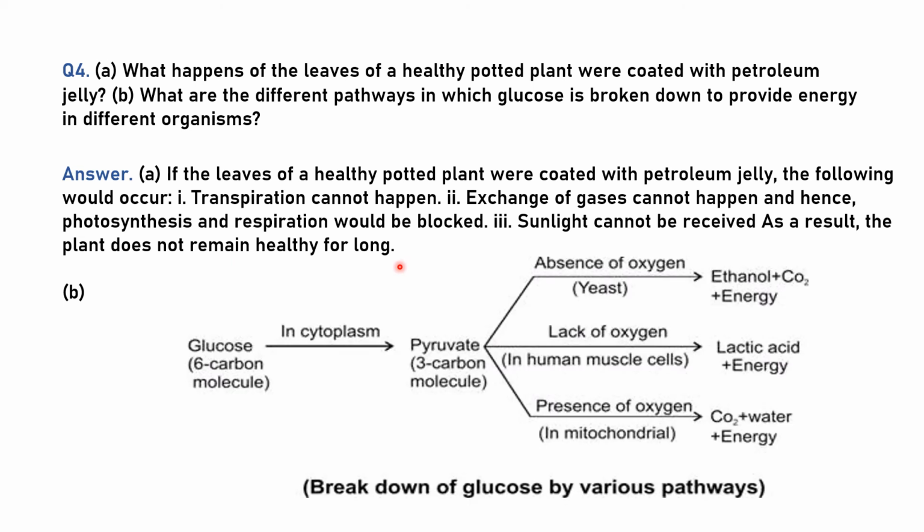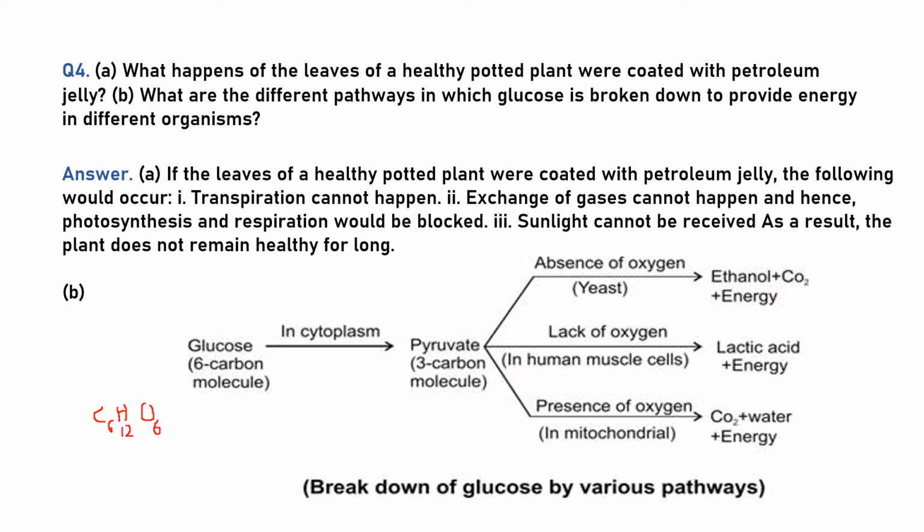Here comes the different pathways. Now, this we did in the respiration process where glucose is broken down. As we all know, what is the formula of glucose? C6H12O6, right?